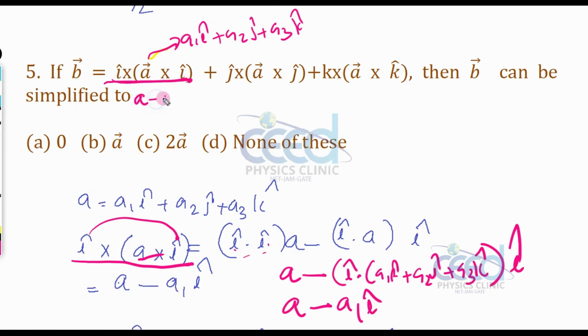So this is A minus A1 i cap, and similarly this I can write as A minus A2 j cap, and this as A minus A3 k cap.